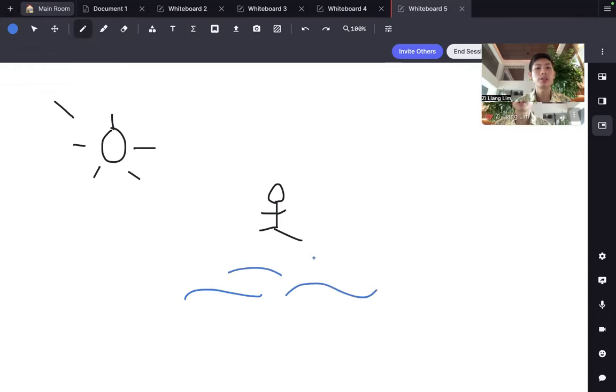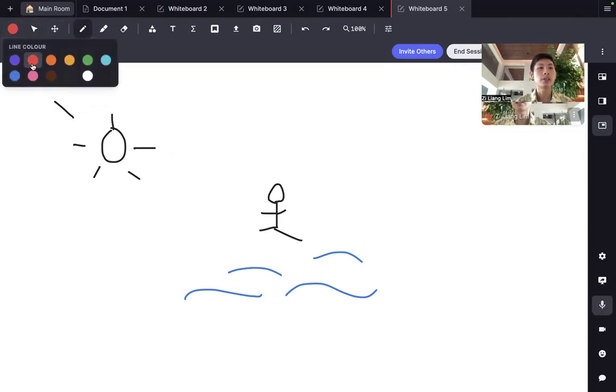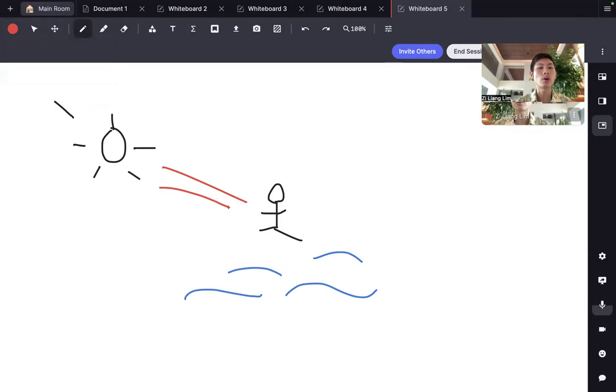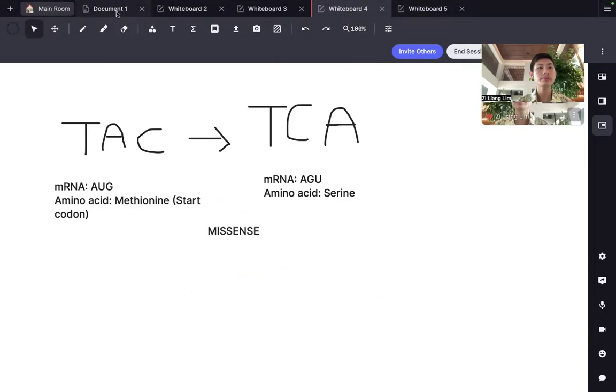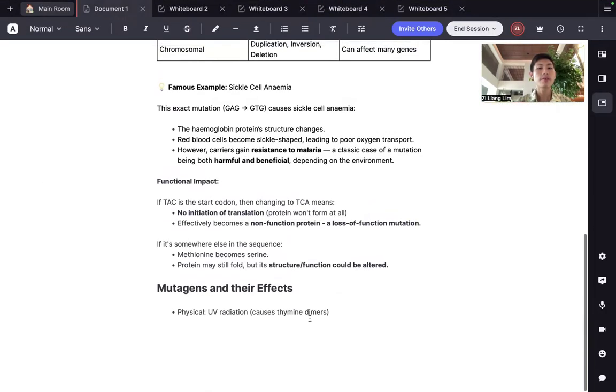The sun's rays will fall onto the skin. Let's use red. The UV light will go all the way to the skin and will cause cancer on your entire body where you did not put sunblock. So the thymine dimers are the cause of skin cancer.